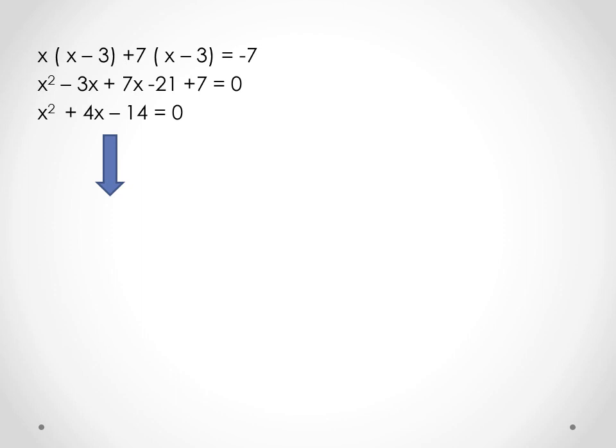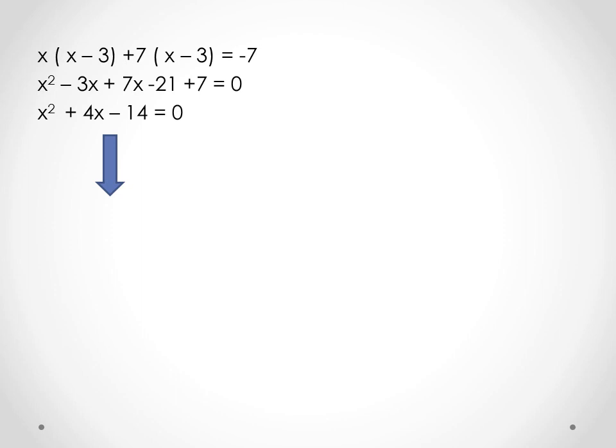So we are going to multiply x with x. We have plus sign with both, so plus times plus is plus, so we have x square. Now when we multiply x with minus 3, we will first multiply the signs, which is plus times minus equals minus, and then multiply 3 with x, which would be minus 3x. Plus 7 multiplying with plus x would be plus 7x and plus 7 multiplying with minus 3 would be minus 21.